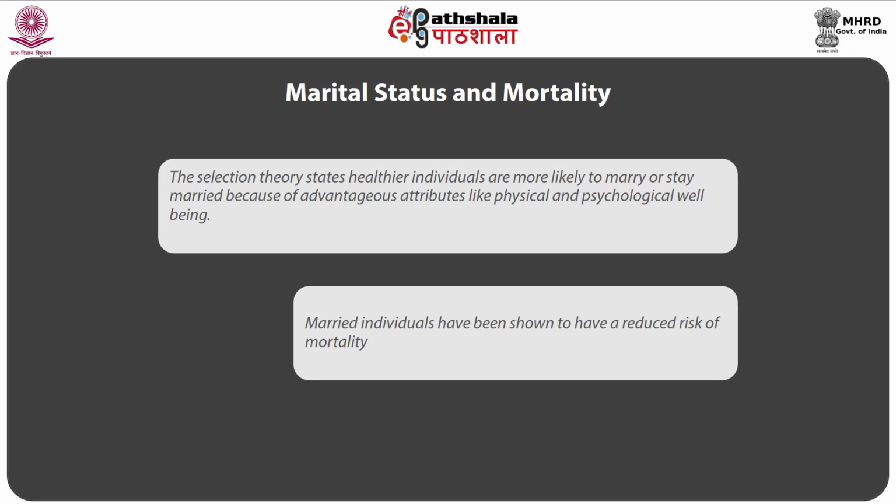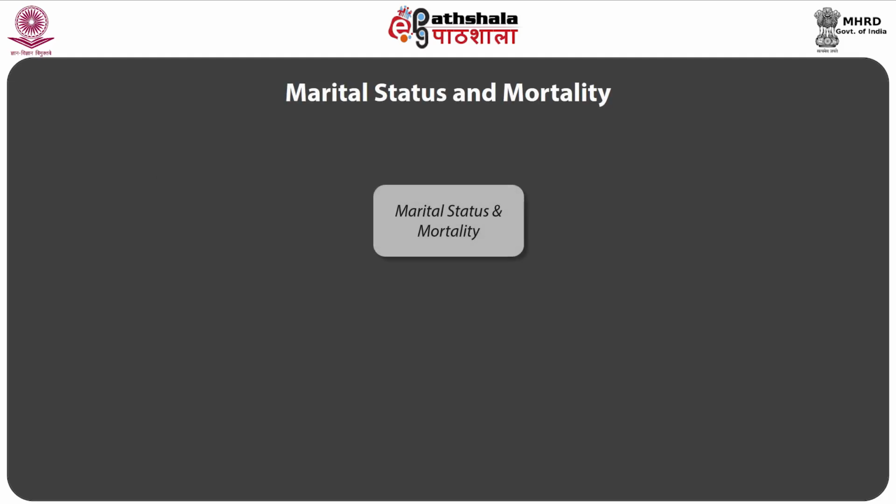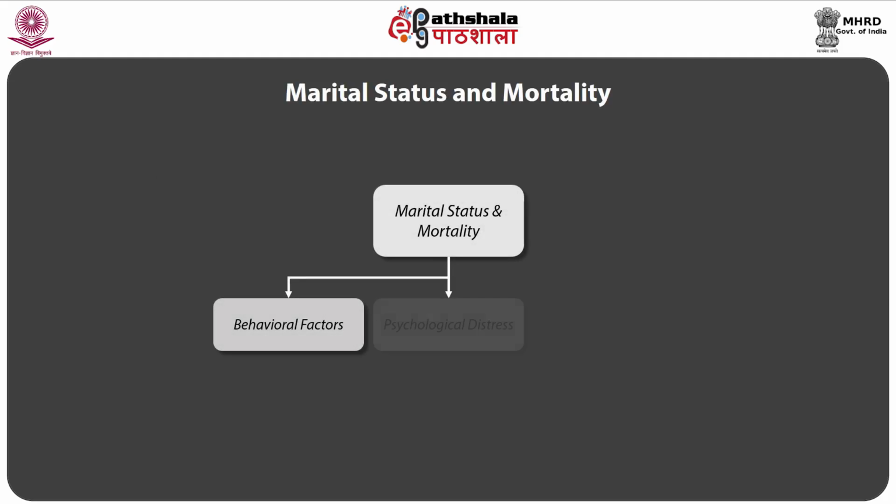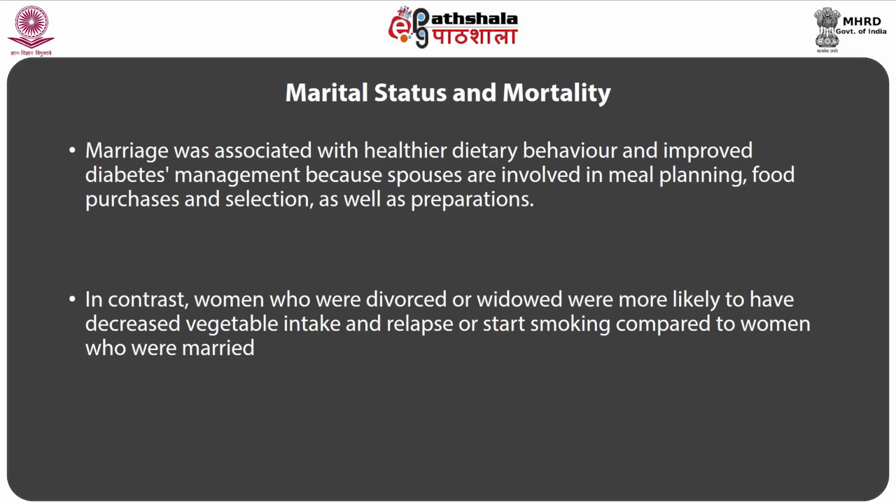Mortality is influenced by factors that are associated with marital status: behavioral factors, alcohol consumption, smoking and diet, physiological distress and pathophysiological mechanisms. Marriage was associated with healthier dietary behavior and improved diabetes management because spouses are involved in meal planning, food purchases and selection as well as preparation.